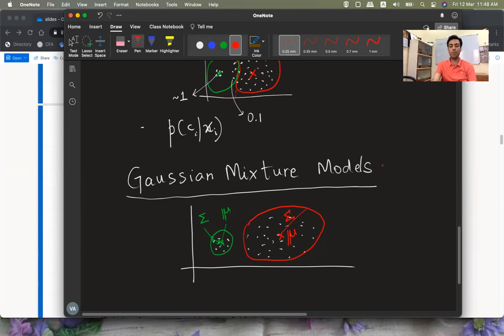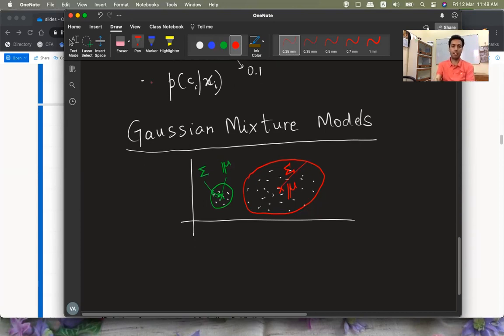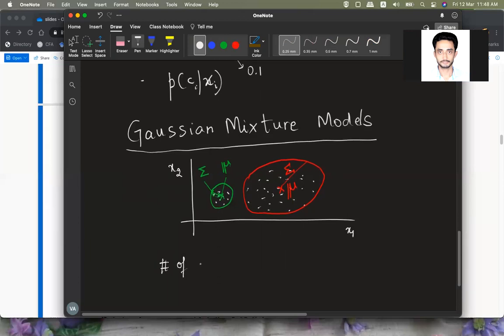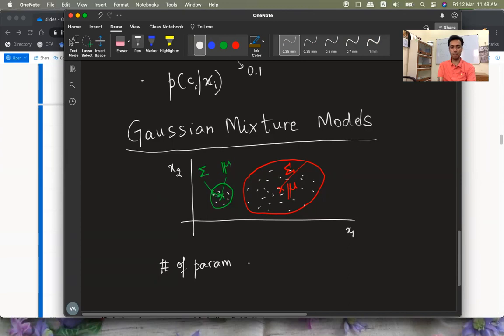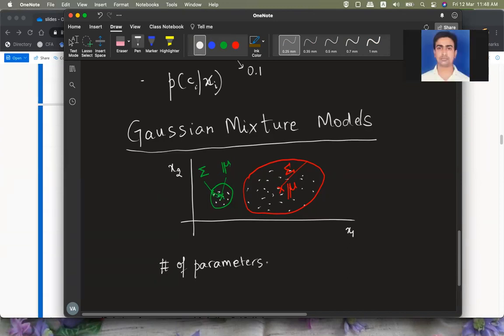Right? So how many parameters are there? Think carefully and tell me how many numbers. 12. Okay, let us see.